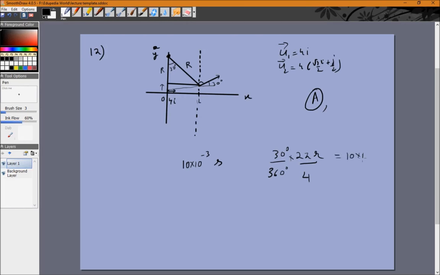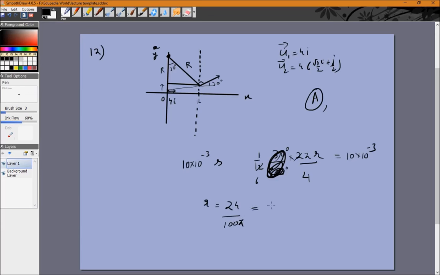This is 10 into 10 to the power minus 3. Right, 30 by 360 we can write as 1 by 12. So what we get from that is, this is 6, this is 1 by 100. So we get r is equal to 24 by 100 pi.